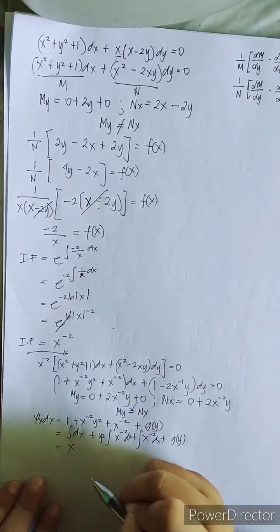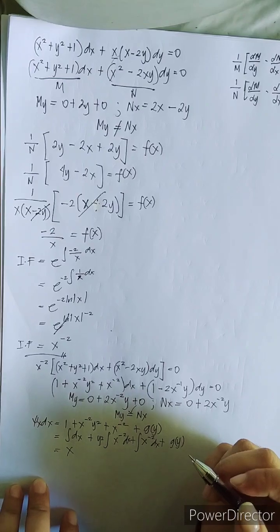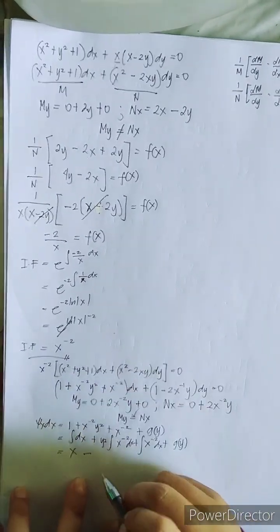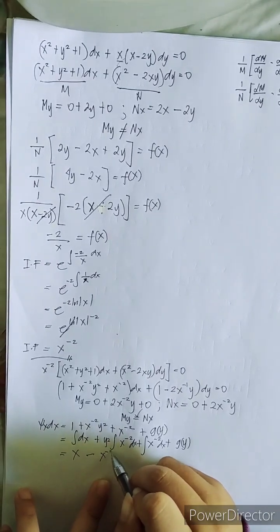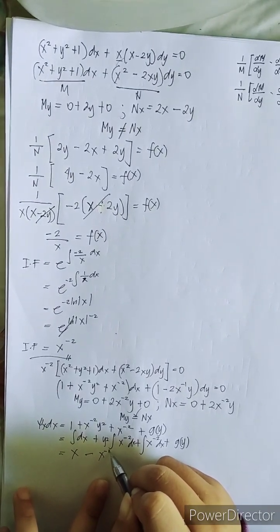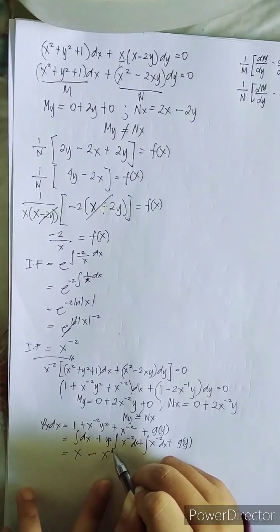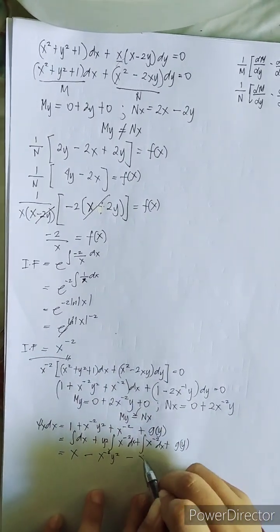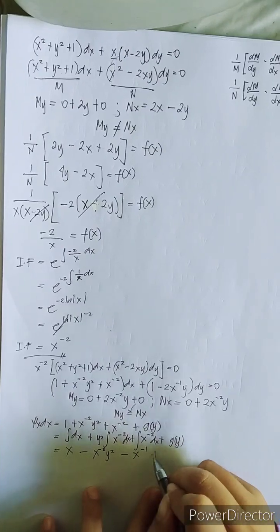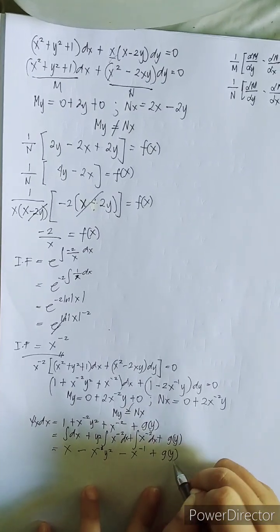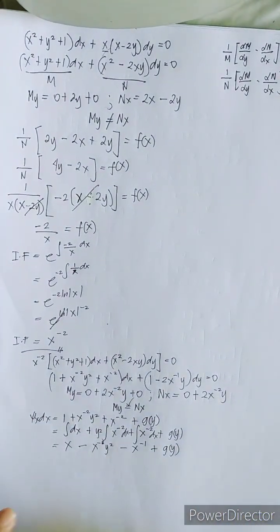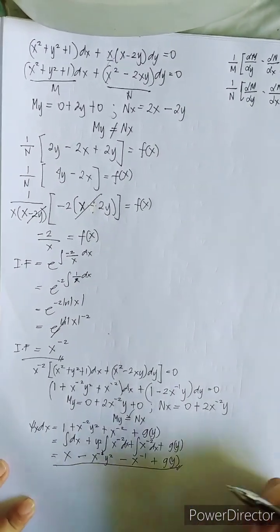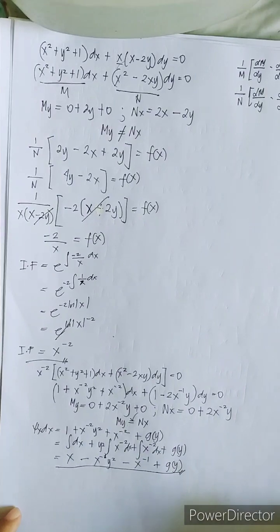This will be x minus x to the negative 1 y squared minus x to the negative 1 plus our g of y. Now, this is already our general solution.